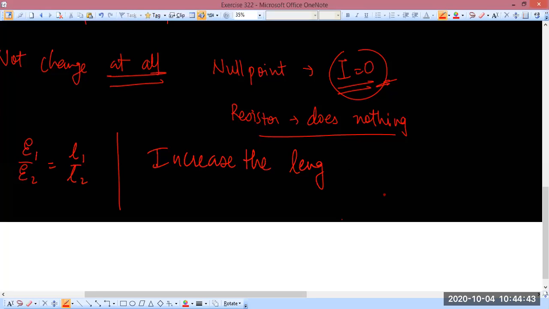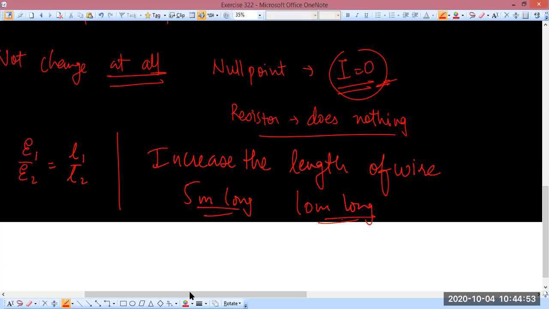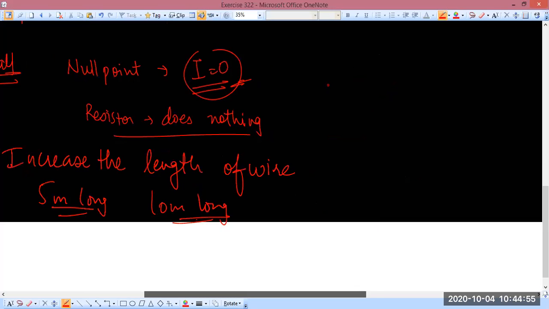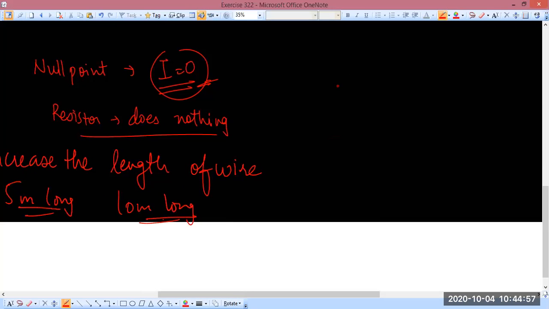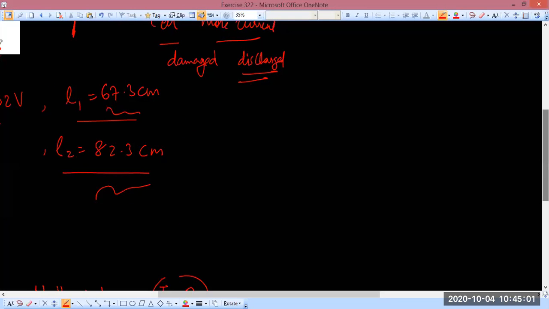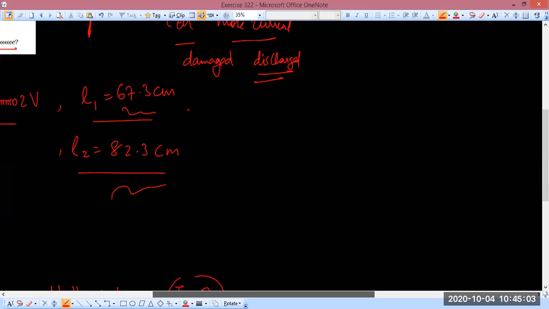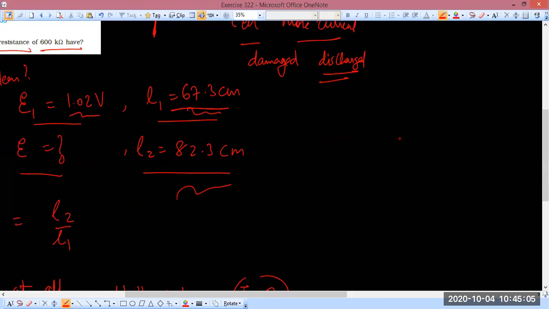We can take maybe a 5 meter long wire or 10 meter long wire. Okay, we can take a very long wire, right? By doing that, think of this carefully. Let's use this example with numbers. Here, for 1.02 volt, we are getting a length of 67.3 centimeter, right?